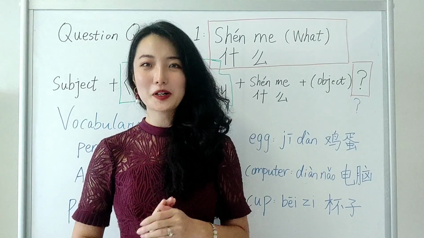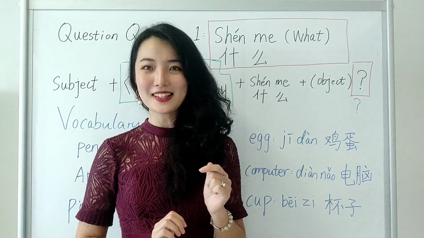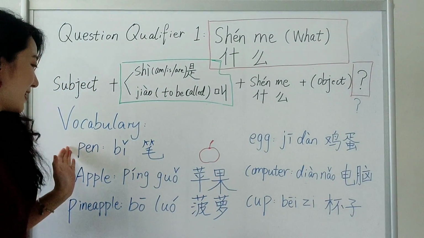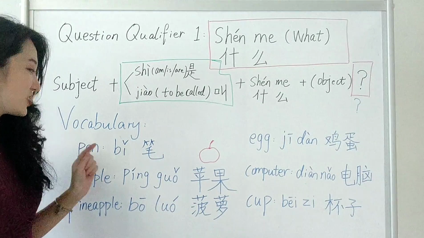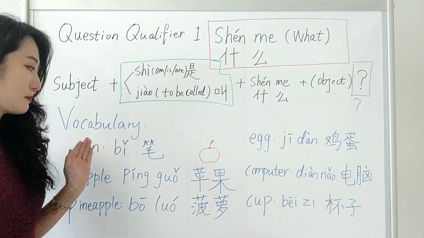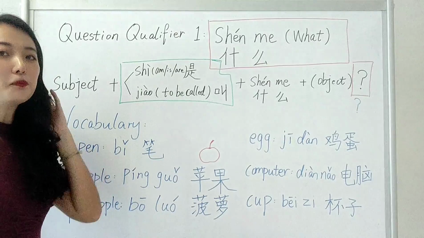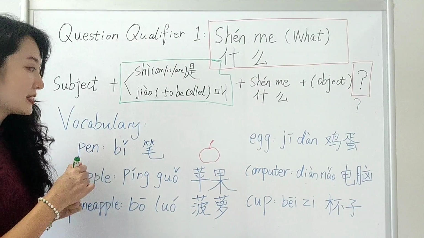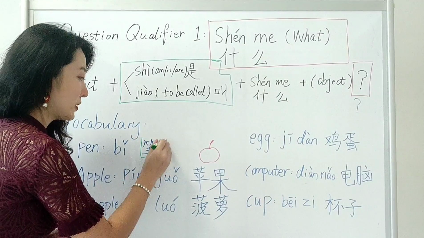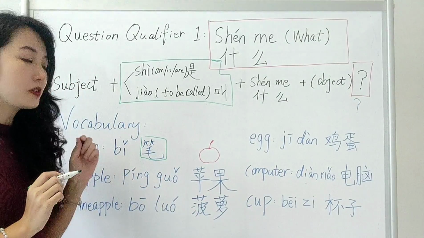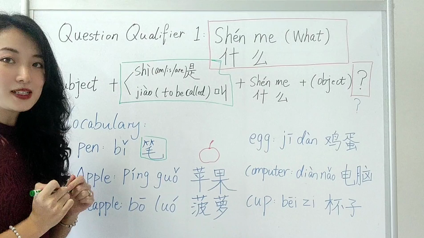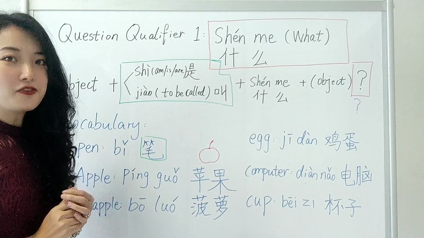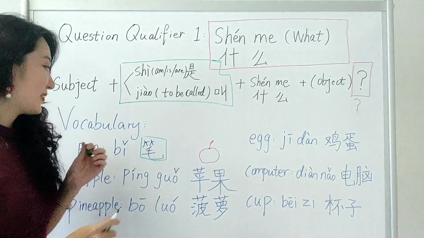Before we move on to more examples and practices, let's learn some new vocabularies. First is pen. In Chinese, the pronunciation is 笔, third tone, 笔. And this is the Chinese character. And if you're wondering about the structure of the Chinese character or how to memorize it, please click the link below where there's an introduction of the structures of Chinese.